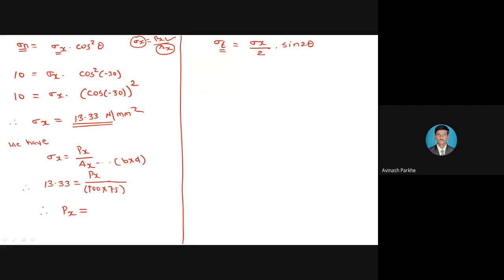You will get px is equal to. So what will be the force px by using the normal stress? Do the calculations and tell me the value of force in the x direction.